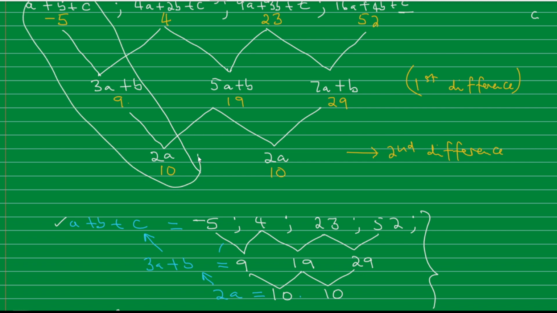If you are going to use this row of terms, your 2A will remain 10, but your 5A plus B will be 19, and the second term will be 4A plus 2B plus C. We are just taking this as a standard measure for us to be able to calculate that. So if you are going to use 19 and this one, our expression would change to 5A plus B, and so on.